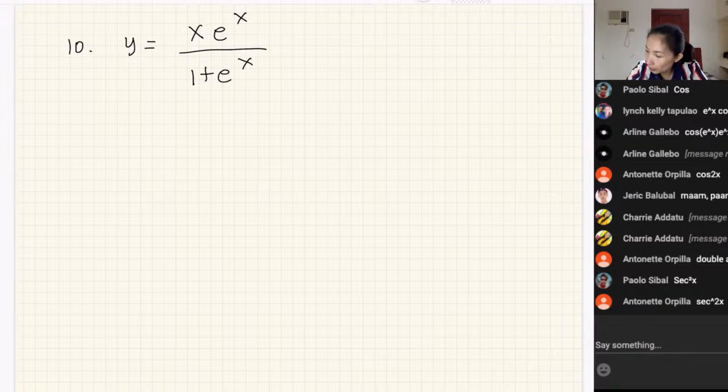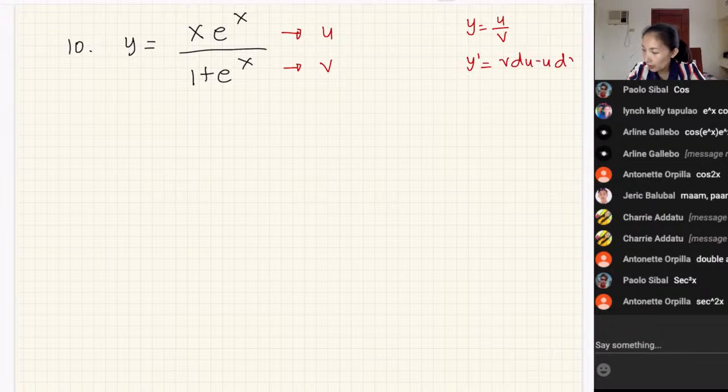Let this be u and let this be v. Recall once again that if your function takes the form u over v, from our quotient rule, y prime is v du minus u dv all over v squared.